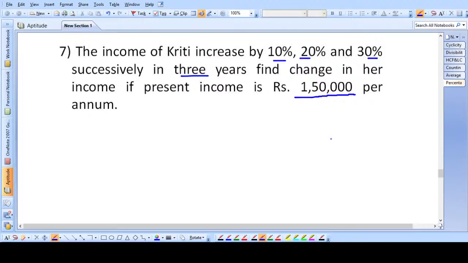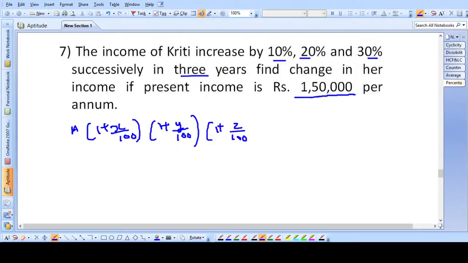Okay, so there is a successive increase in the income. So the formula is 1 plus x by 100, 1 plus y by 100, 1 plus z by 100. Okay. Now just simply put the values.